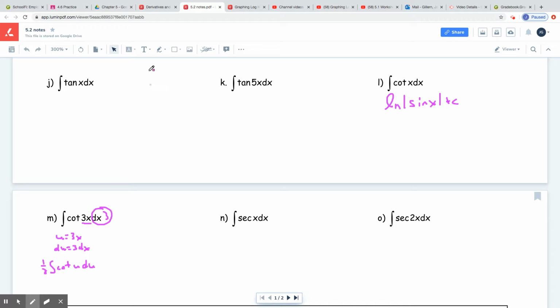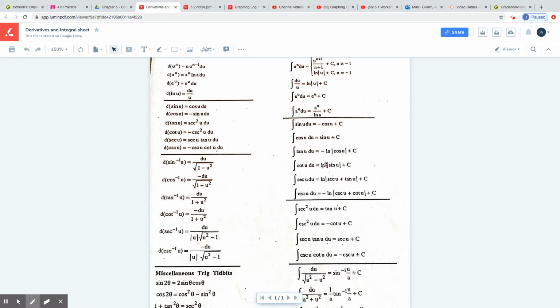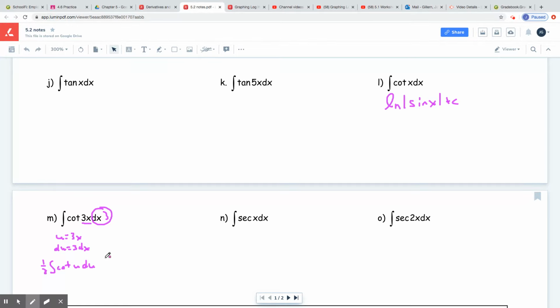Then you go to your formula sheet, and cotangent u du is the natural log of sine u plus c. So we rewrite our final answer as 1/3 natural log absolute value of sine 3x plus c. There you go.